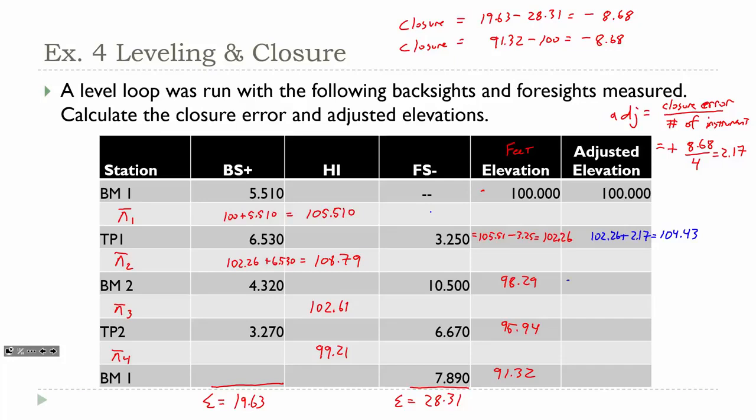Start with the one we just calculated, 104.43. The common mistake is to use the original one. But if we take the one we just adjusted, 104.43, plus the backsight again, 6.53, minus the foresight, 10.5, and then adding our adjustment of 2.17.